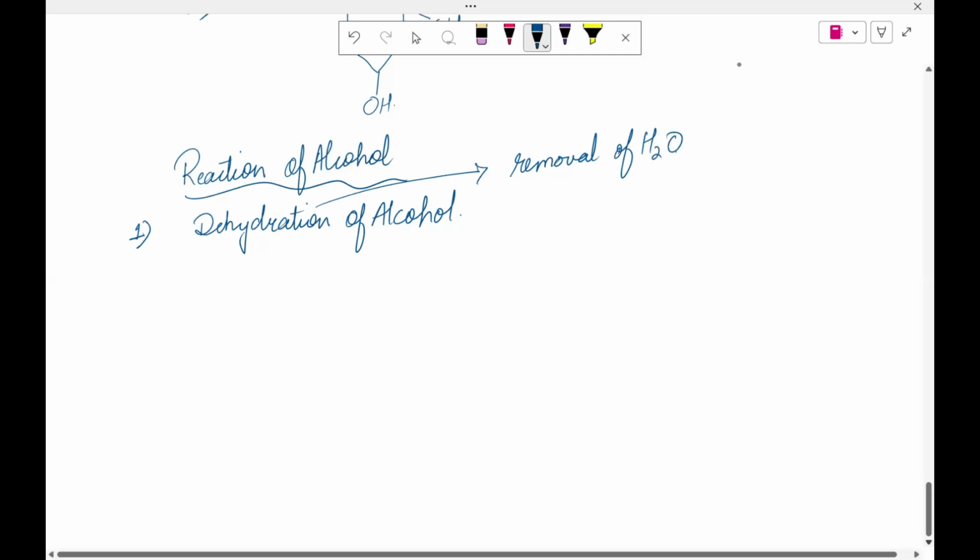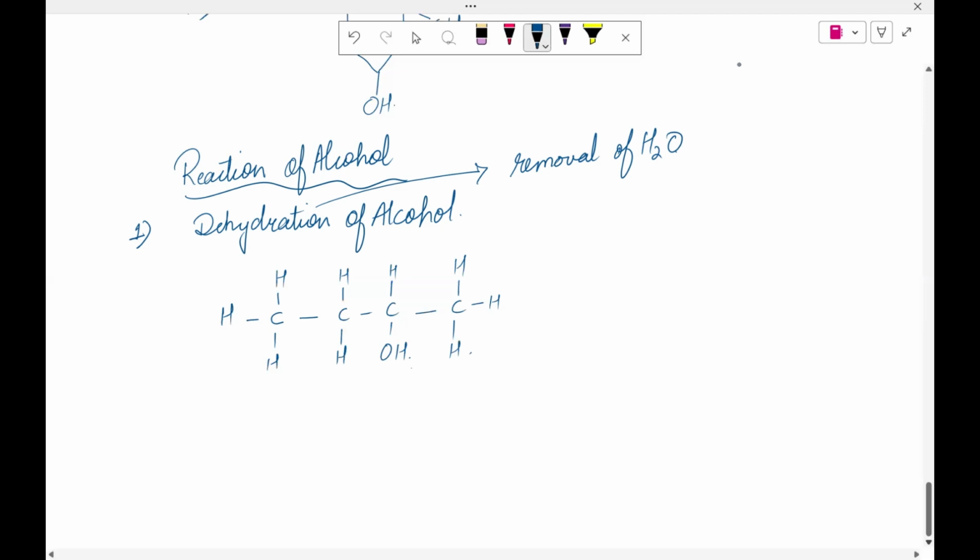For example, we have this one. This is C-C-C, so this one would be H, H, H. This is H, this is H, this is H, and this is OH. And this is H, H, H. First of all, what is going to happen if this OH and this H are removed? A double bond is created here.